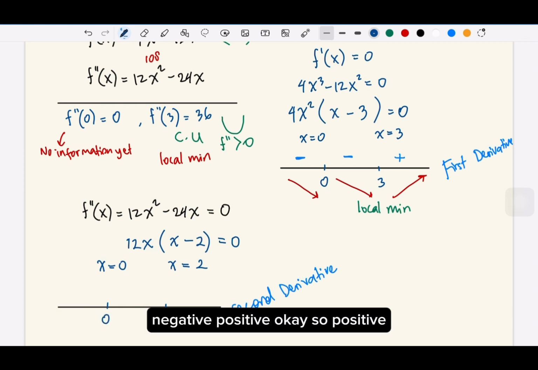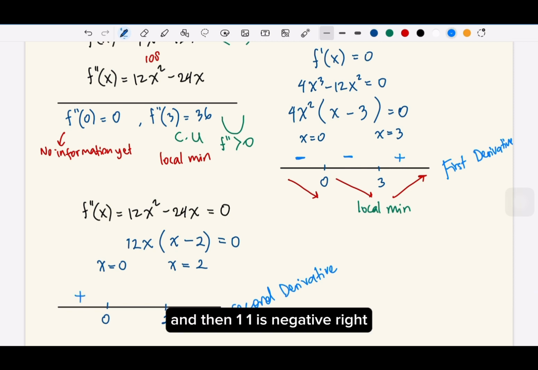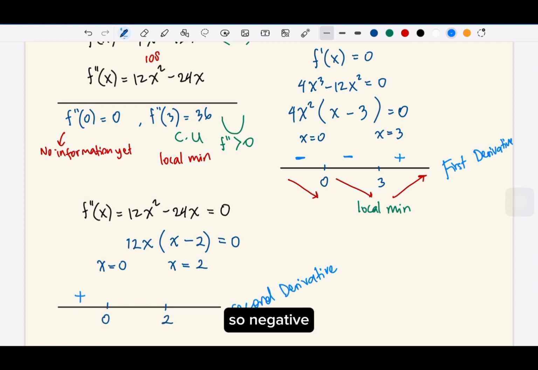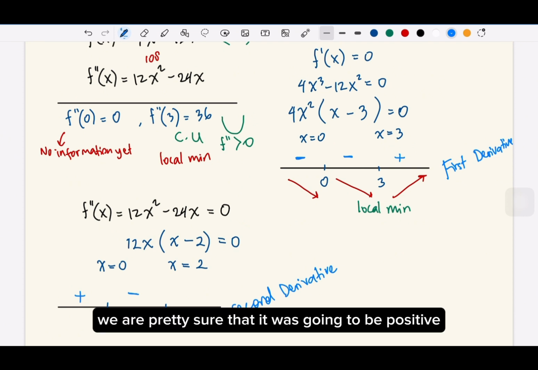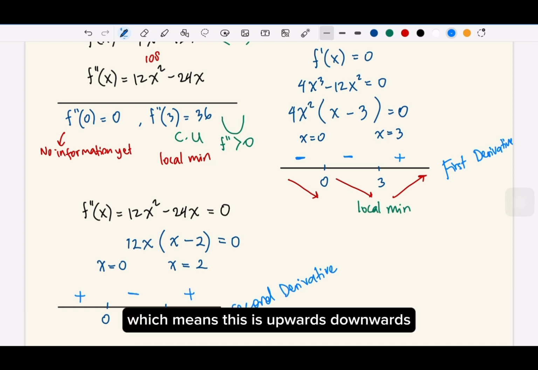So positive here, right? And then 1. 1 minus is negative, and then 1 positive, negative, right? So negative. And then check 3. 3 will be positive, right? So we are pretty sure that it is going to be positive, negative, positive, which means upwards, downwards, upwards.